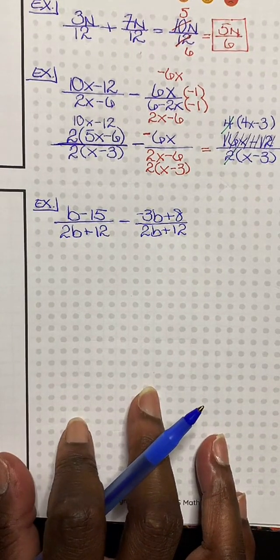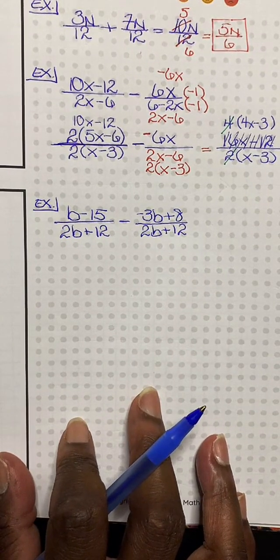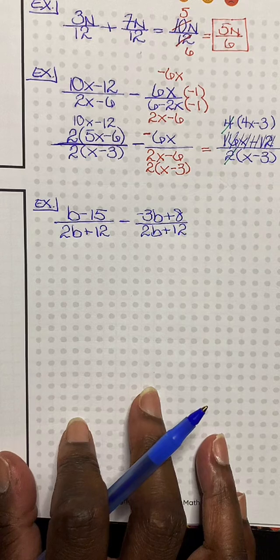Okay. Yet the -1 applies to both the 2x and the 6.